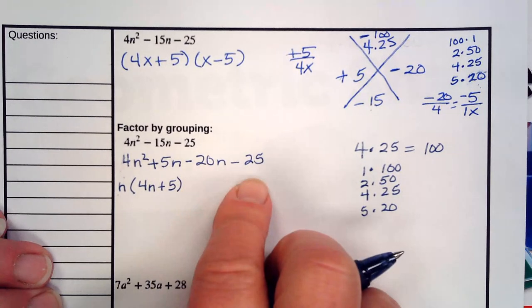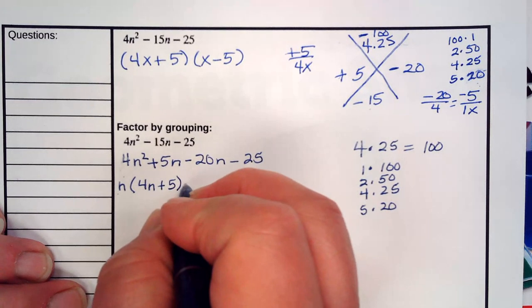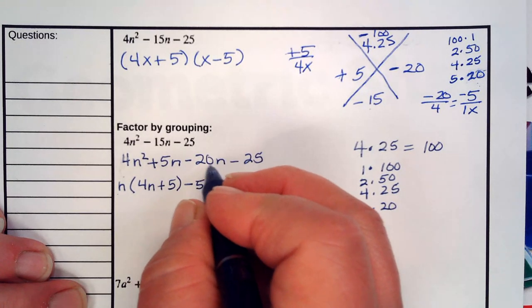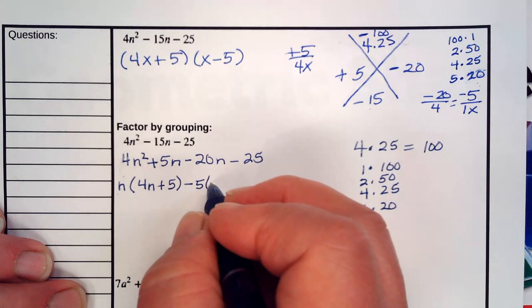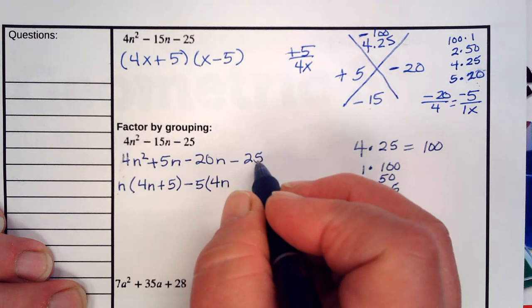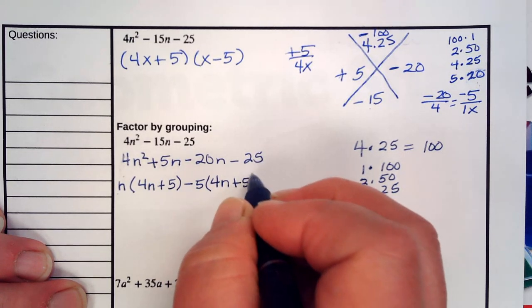Now I've got negative 20 and negative 25. They have a common factor of negative 5. Negative 20n divided by negative 5 is positive 4n. Negative 25 divided by negative 5 is positive 5.